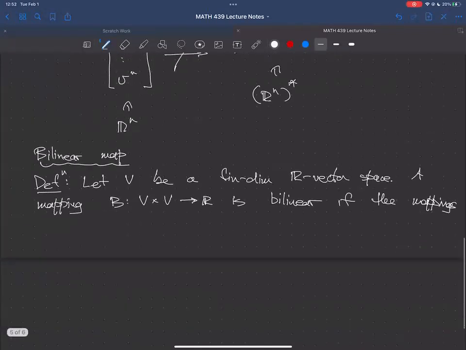Intuitively, it's linear in each of its two entries. If you take an entry here and fix it and just consider the second entry as variable, then you just have a map from V into R. That map is linear, and then similarly for the other argument. So let me write that down.